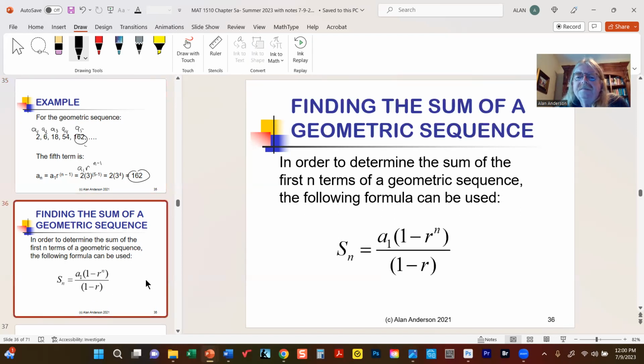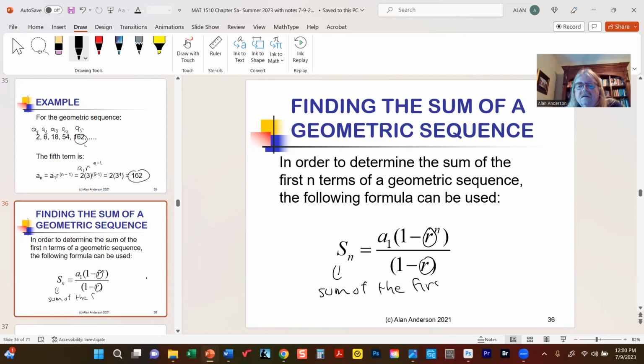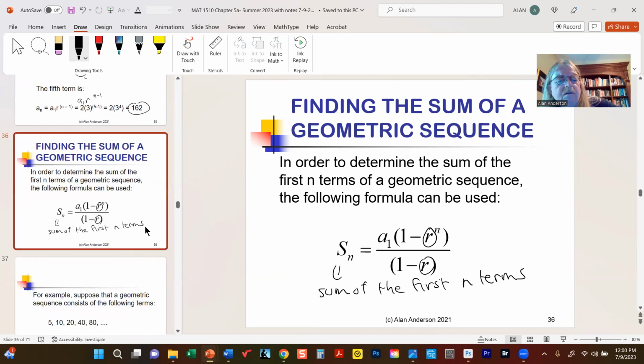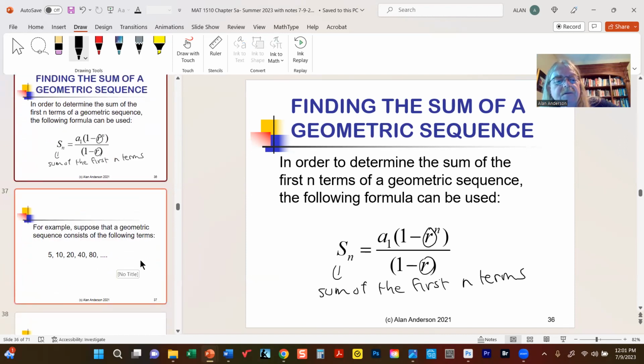But anyway, there's a formula here for the sum of the first n terms, just like before, except this time you can tell this is not an arithmetic sequence because it contains this r. It's a little messier than the case for the arithmetic sequence, but it's not that complicated considering that you're adding up a group of numbers that are growing very, very quickly. So here's an example.